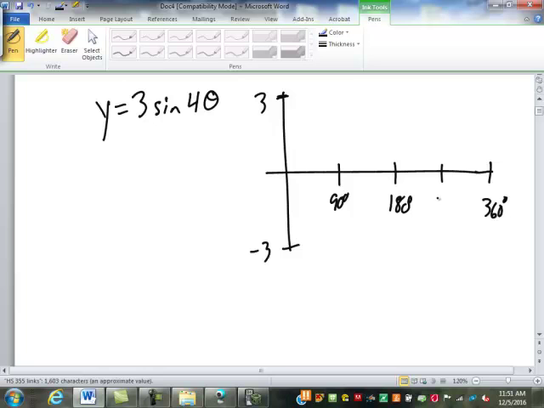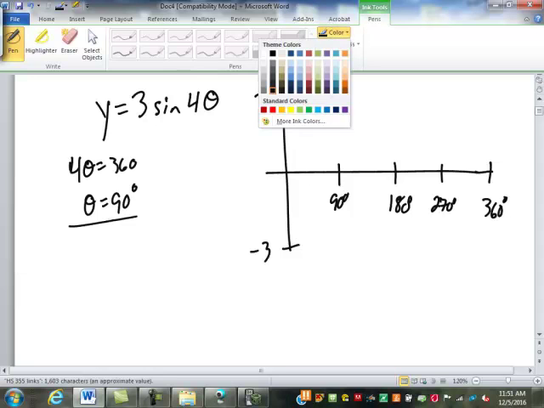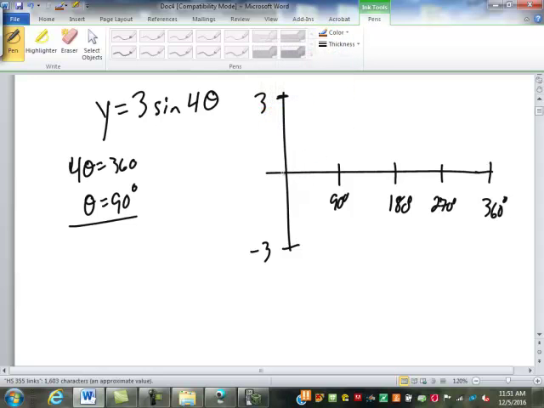Exactly. Since that's a 4, 4 theta equals 360 means a complete cycle is going to be done from 0 to 90 degrees. Sine starts at 0, so it's going to end at 0.